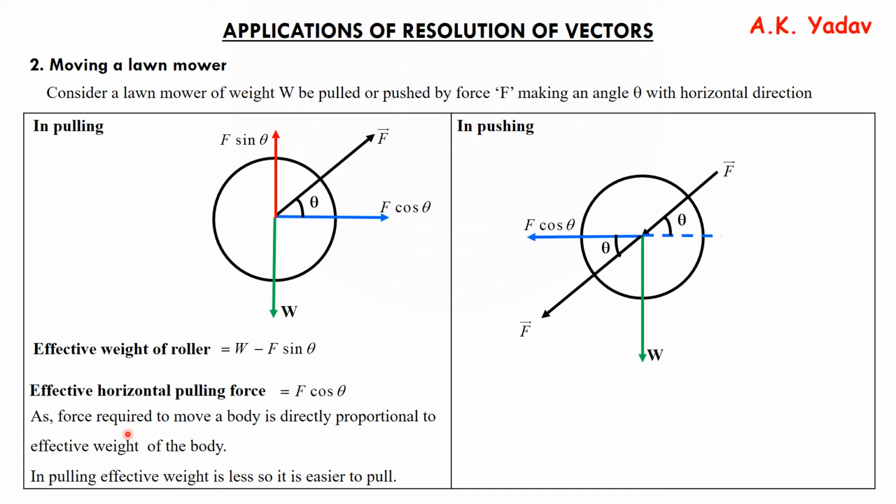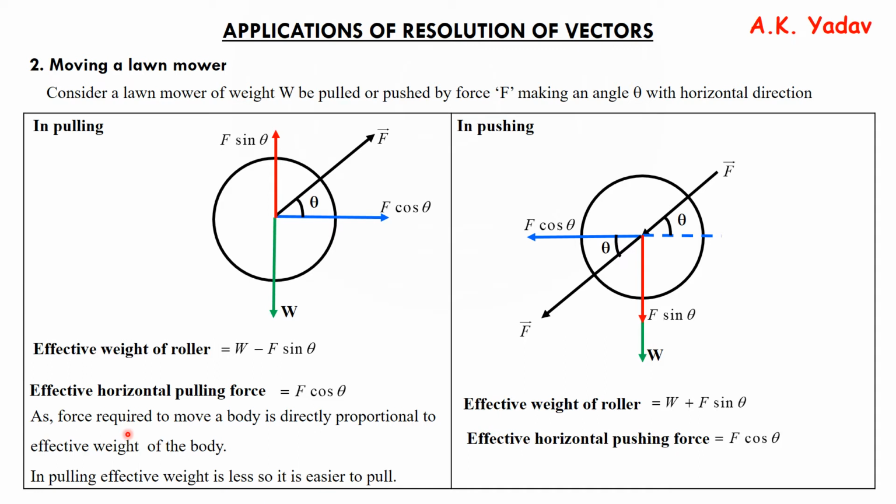So it is resolved into two components, F cos theta and F sin theta. Now what is the effective weight of the roller? It is W plus F sin theta because W and F sin theta are both acting in the same direction. Effective horizontal pushing force is F cos theta. So as we can see, in pushing the effective weight is more, so it is difficult to push.